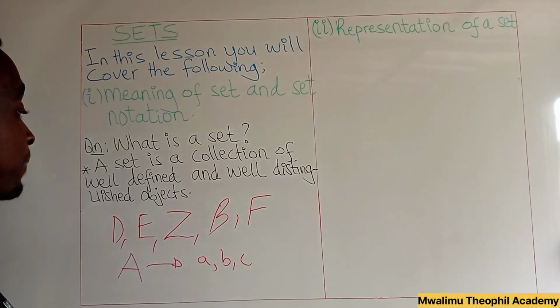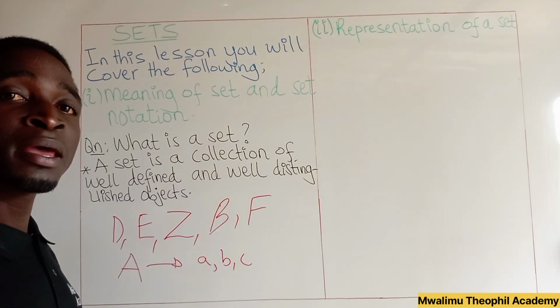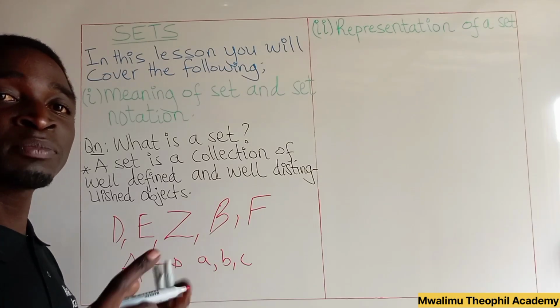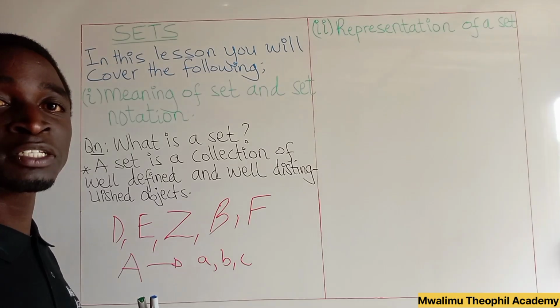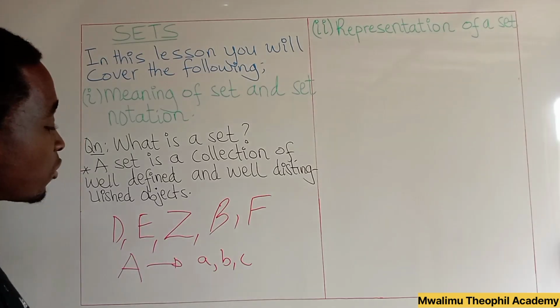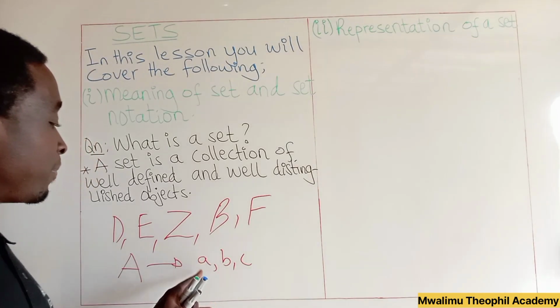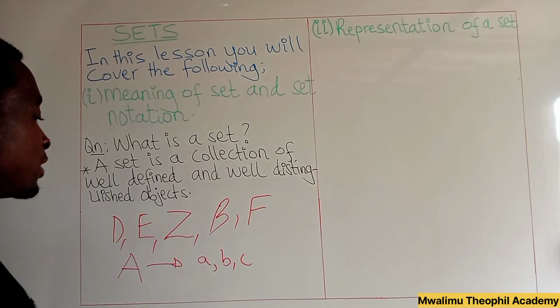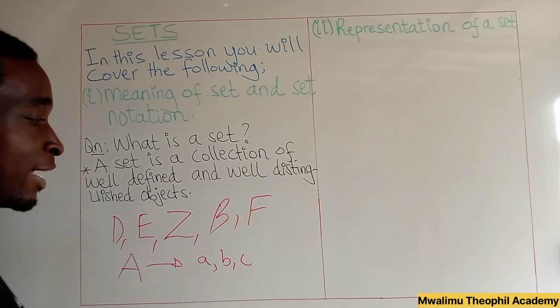After we have seen the way we write a set, as we have said that it is named with a capital letter, and its members, if they are letters, should be in small letters. Also, you have to know that if a or b or c is a member belonging to set A, we may write it as follows.